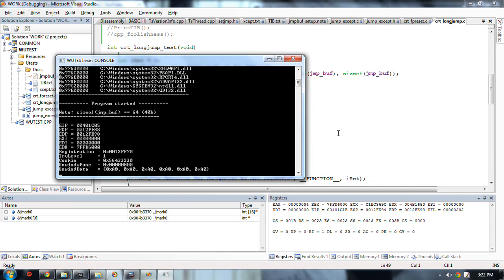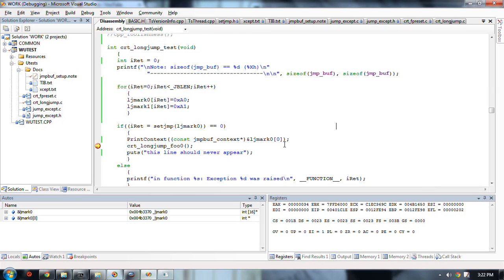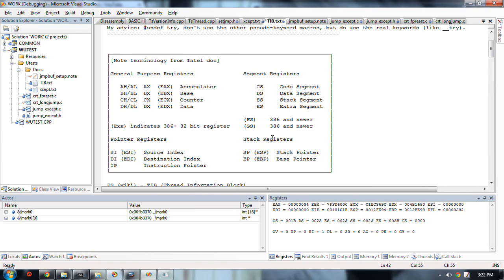There we go. Alrighty. So now one thing I didn't have in the printout before was the registration thing, which was FS0. And in the lingo of structured exceptions, that's the first exception frame in the linked list of frames.